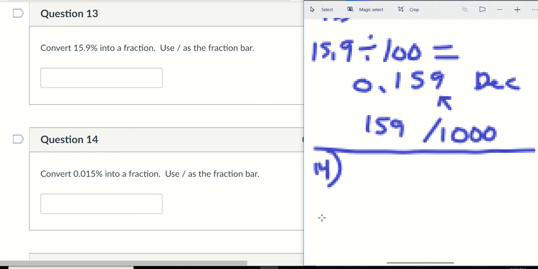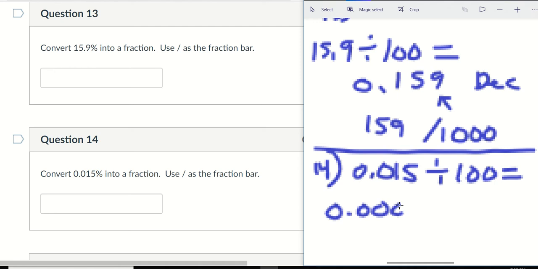14 is the same. You have to convert the percentage into a decimal first. So 0.00015. Well, let's see. We got tens, hundreds, thousands, 10,000. No, just 100,000. So it's going to be 1, 2, 3, 4, 5 zeros, and you just put 15 on top. 15/100,000.